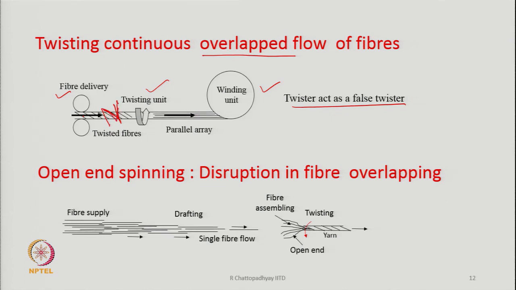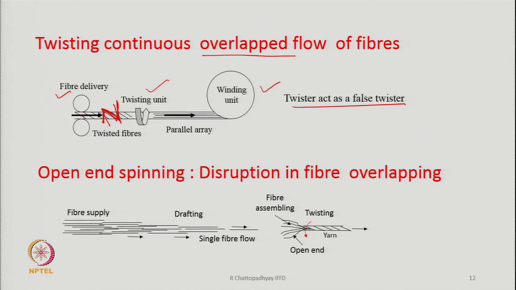The Z twisted part of the yarn, as soon as it arrives on the right hand side, will cancel out the twist on the right hand side which is in S direction.